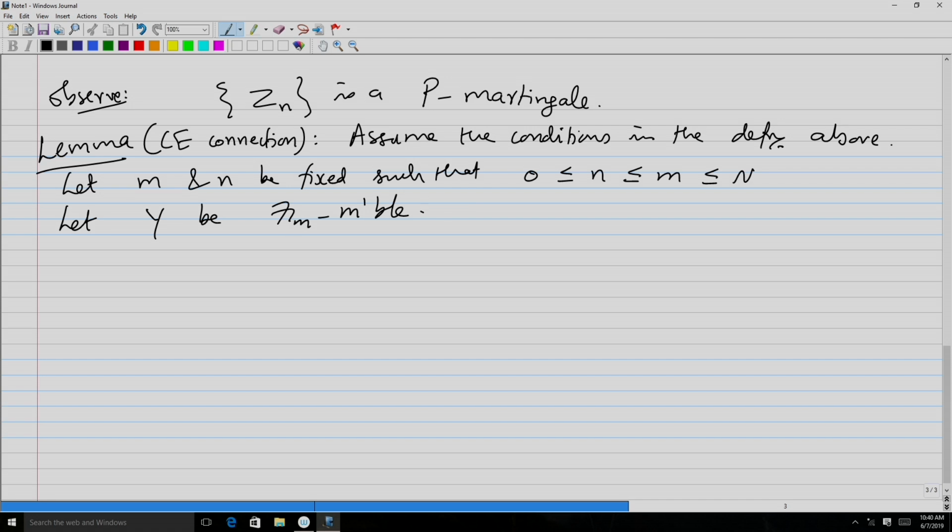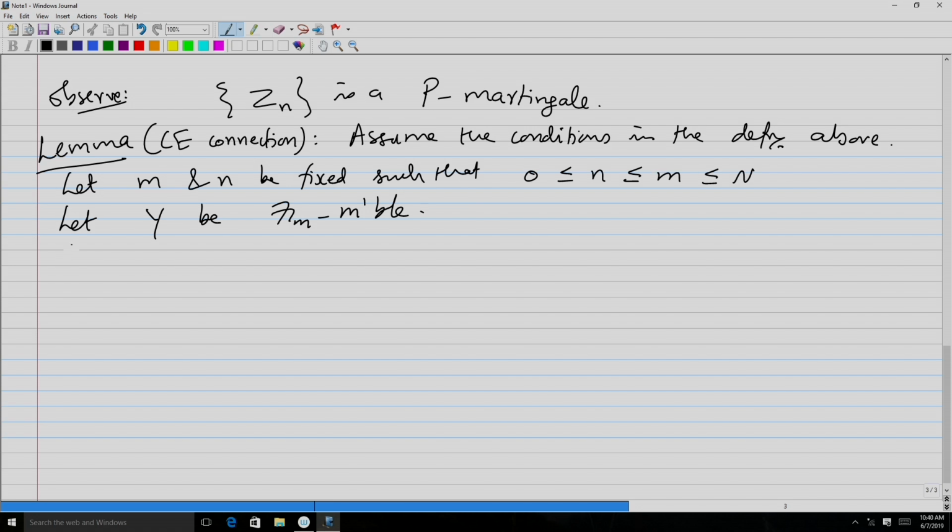So, you have whatever condition is written in the definition, and you are fixing two quantities m and n such that n is less than or equal to m in the binomial model, and we pick a random variable Y which is measurable with respect to the higher index, small m in this case.